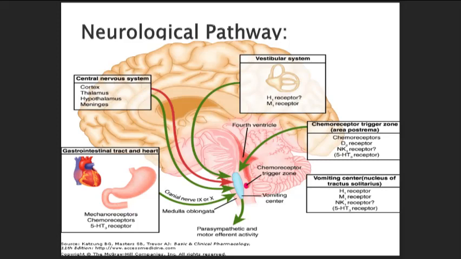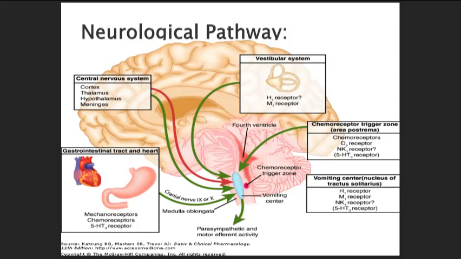One is the D2 receptor, which is related to the neurotransmitter dopamine, then NK1 receptors, that is neurokinin-1 receptors, and 5-HT3 receptors. While in the vomiting center, we have four types of receptors: H1 receptor, M1 receptor, NK1 receptor, and 5-HT3 receptors.